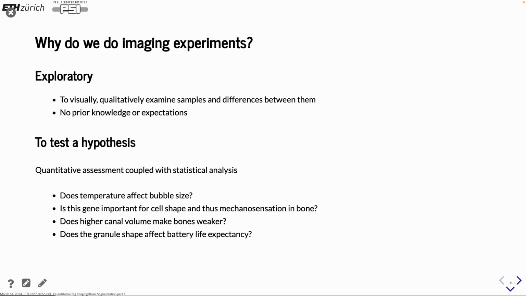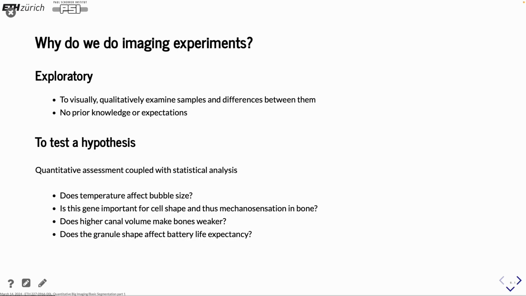But mostly, we want to test some kind of hypothesis, like we want to have a statistical claim in the end. So, for example, does the temperature when you bake have an effect on the bubble size, or does the kind of yeast have an effect on the bubble size? How a specific gene is important for the formation of a cell shape, or does some canal volume make the bones weaker?